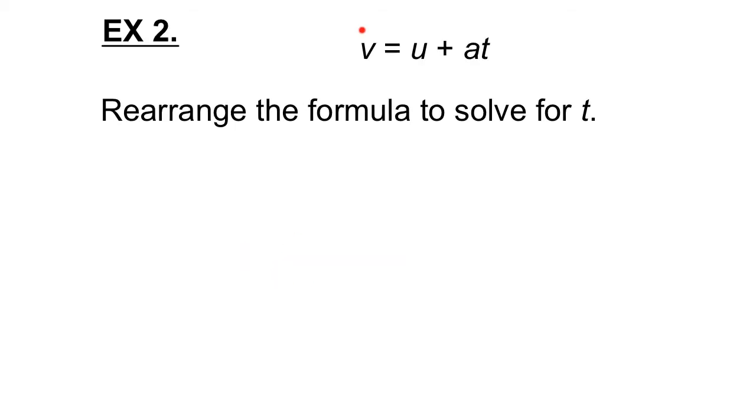Here's another example. This time I have this formula, v equals u plus at. Now I haven't defined these variables to say what they mean, but for the purposes of this example, it doesn't really matter. We have this formula and we want to rearrange the formula to solve for t. So we need to isolate t.